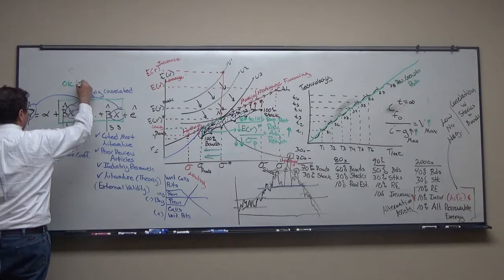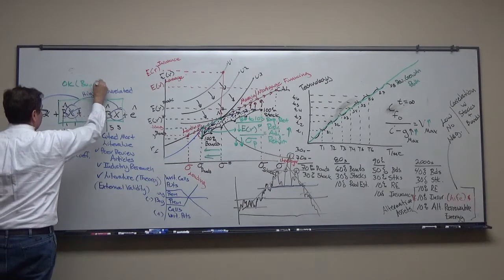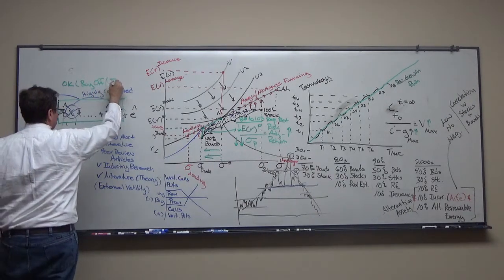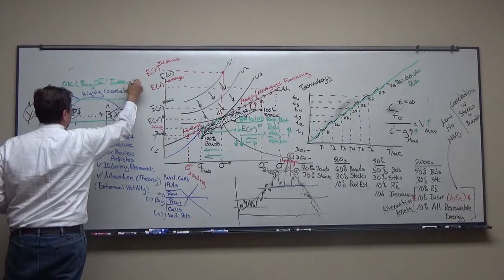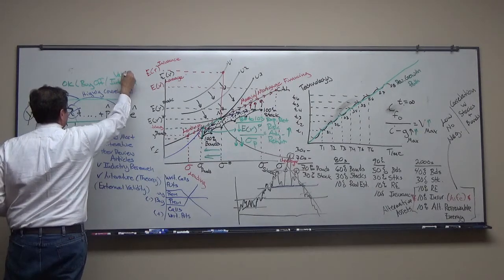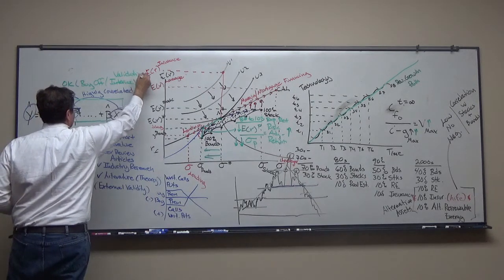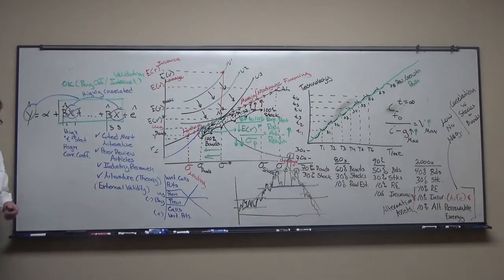Then you get buy-off, and you also have internal validation. So you need both internal and external validation, because nobody's going to believe your model.